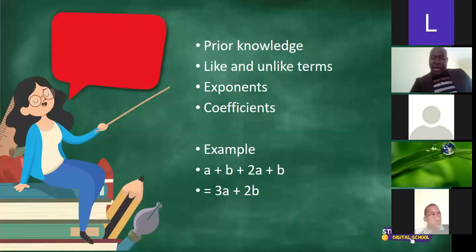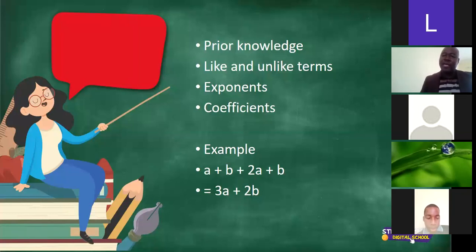Hello? Right. The like terms in this case will be A and 2A. So A and 2A are the like terms, as well as B and B. You can see there are two B's there. The first B and the second B are like terms. We say they are like terms because they are the same.